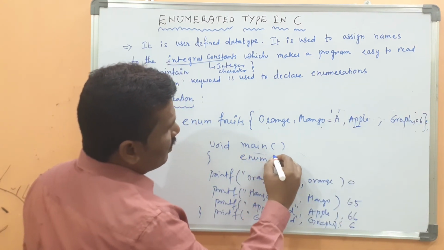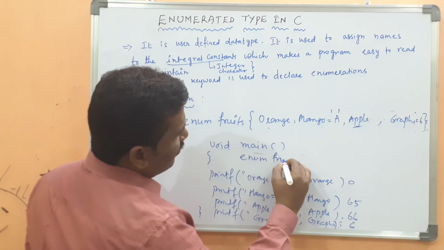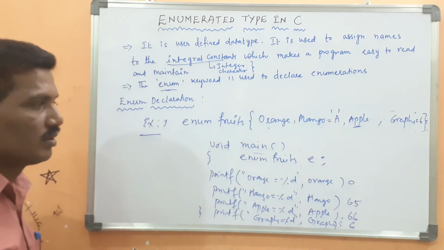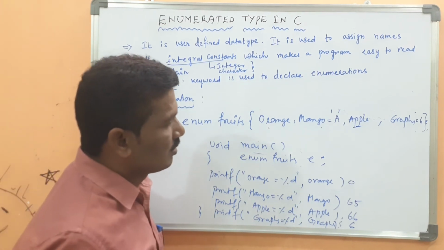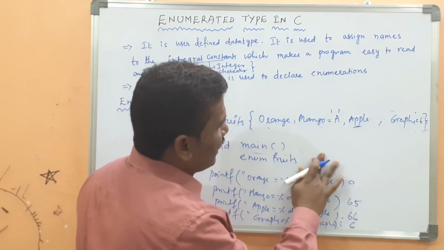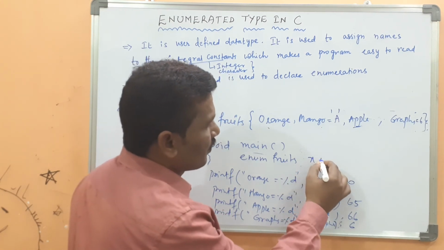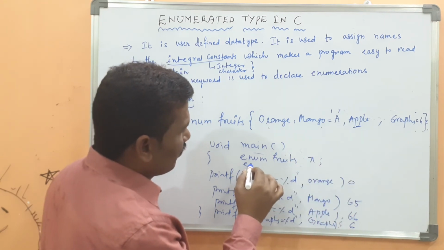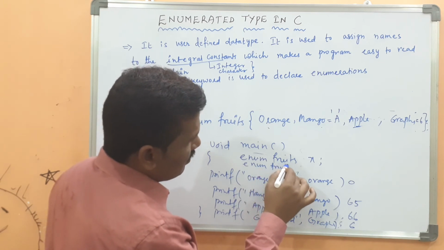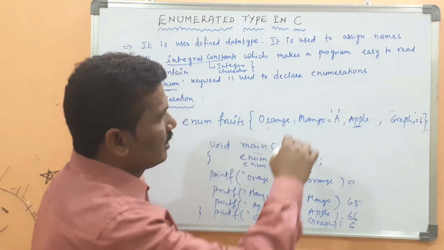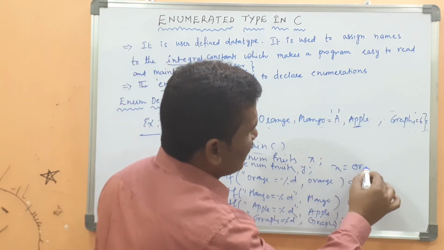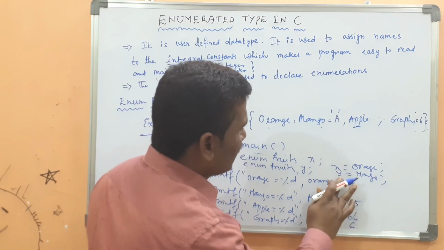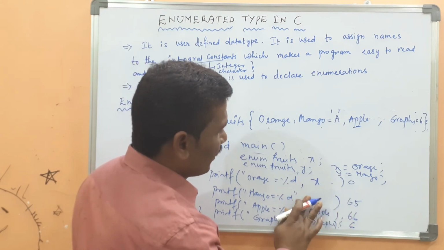Then x equal to orange, y equal to mango. Here instead of e, we can write x, y.